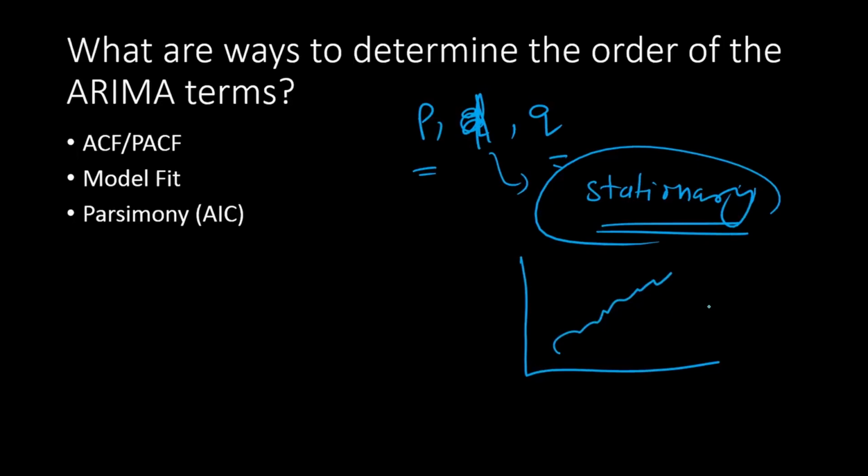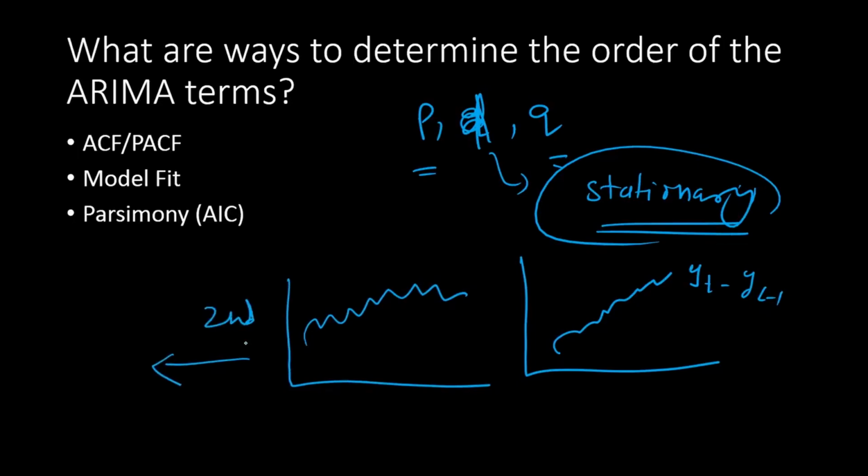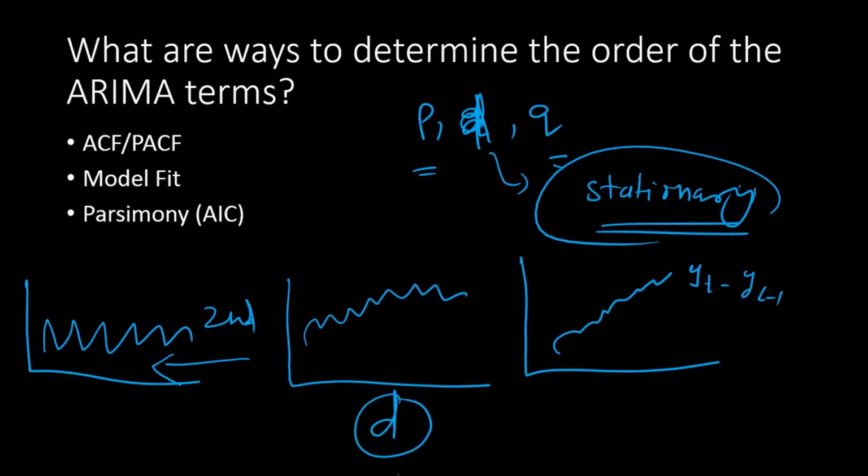When you take the difference of a non-stationary series, say y_t minus y_(t-1), and plot it, it becomes more stationary. You may have to do a second differencing, and then it becomes more stationary. That determines the exact value of D, the number of differences one has to take.